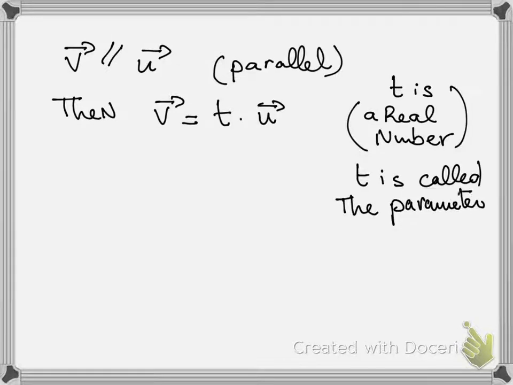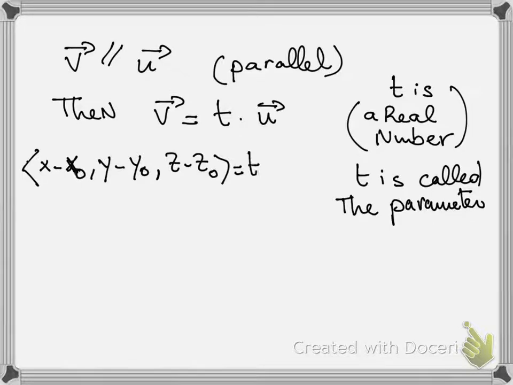So we know that V is x minus x0, y minus y0, and z minus z0.